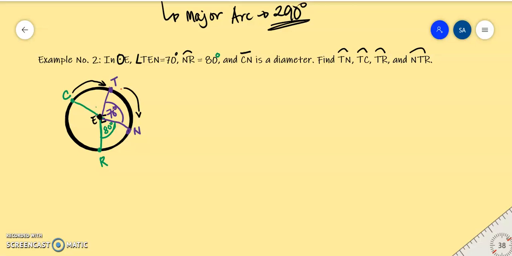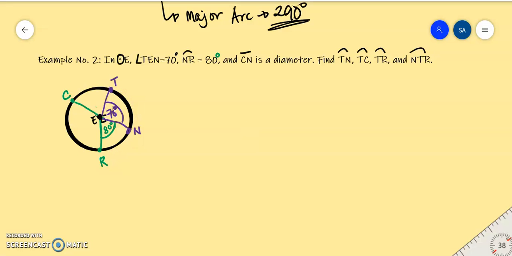Let's color it, so TR is red. And NTR. Let's just draw it again. Too many, so let's take them one by one.